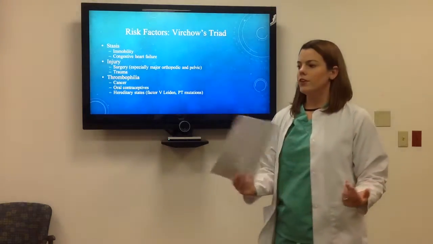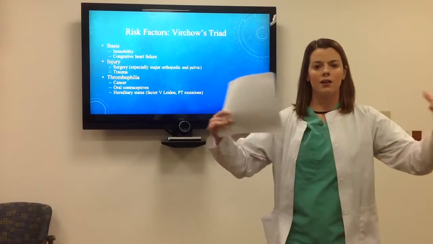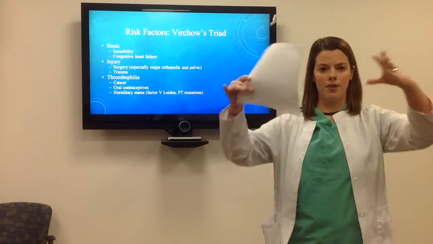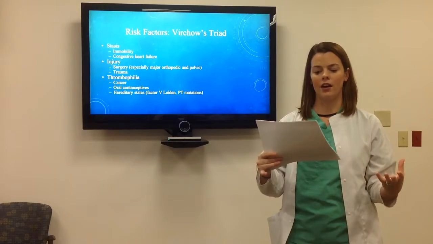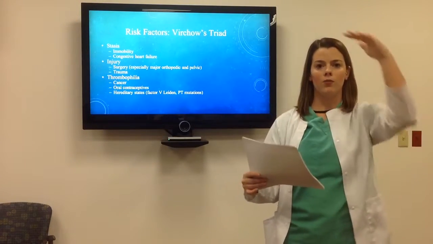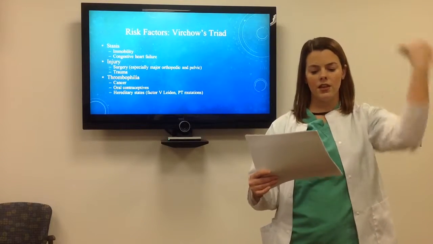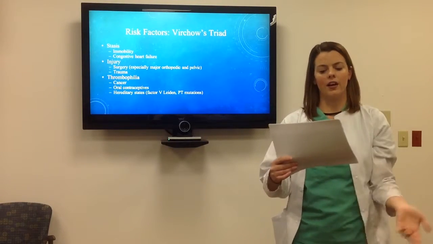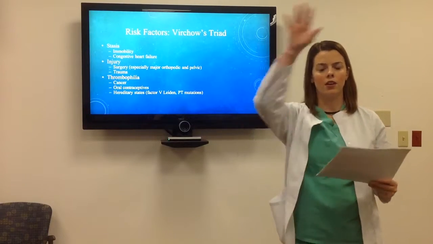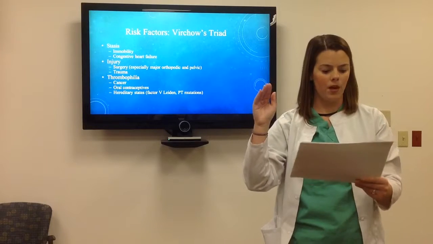So this is Virchow's triad. It was named after a scientist, and he basically came up with kind of a tier system that overlaps one another. It involves stasis, injury, and thrombophilia, and where the patient falls within that spectrum.